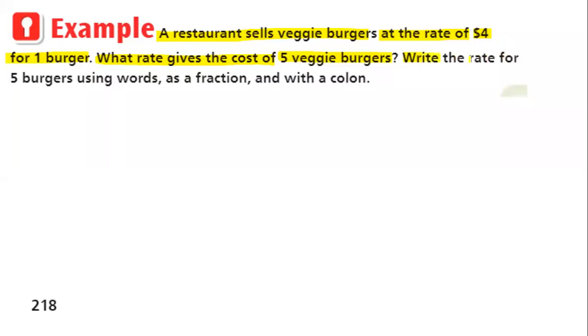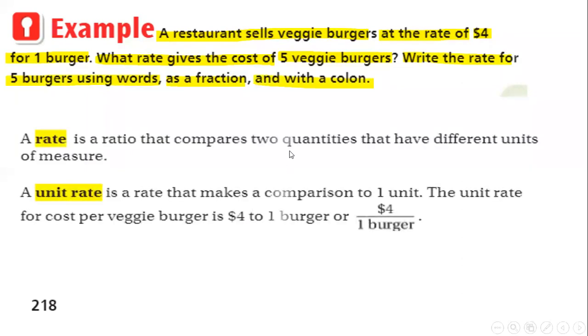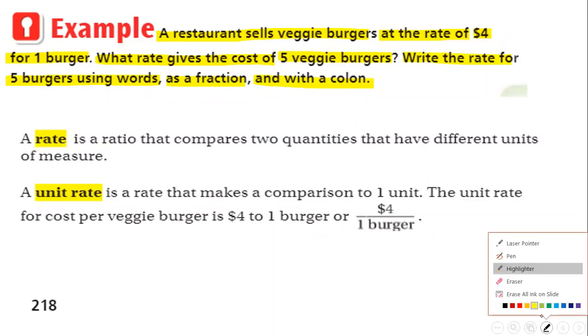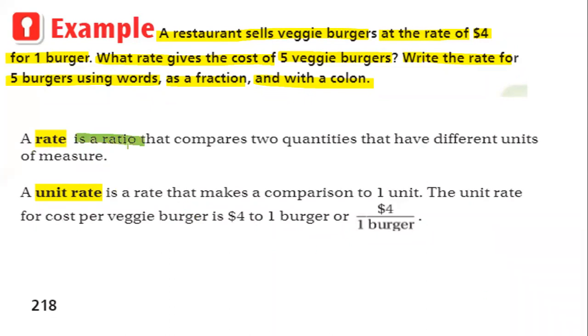Write the rate for 5 burgers using words, as a fraction, and with a colon. So let us see. What is the meaning of rate? What do you mean, teacher, by the word rate? A rate is, please highlight this with me, a ratio.